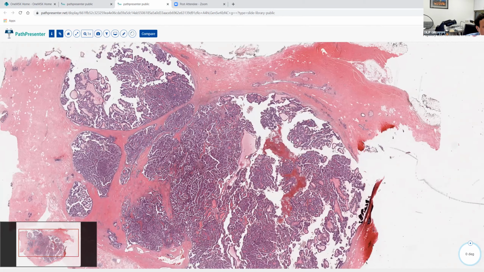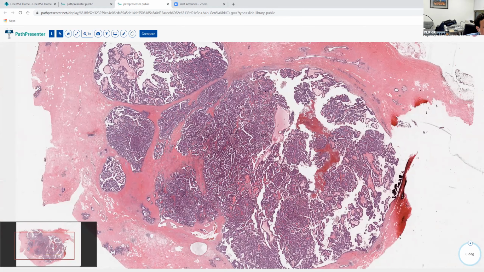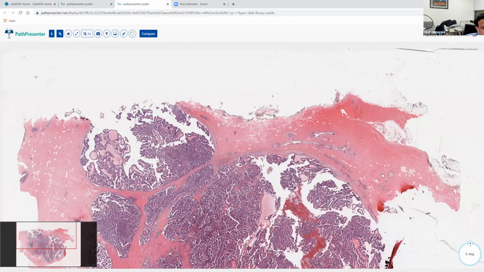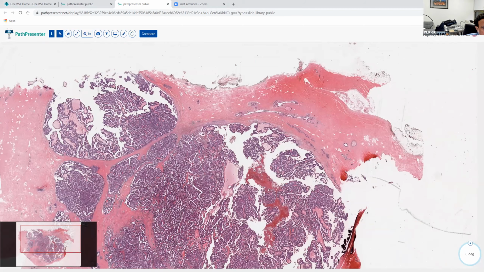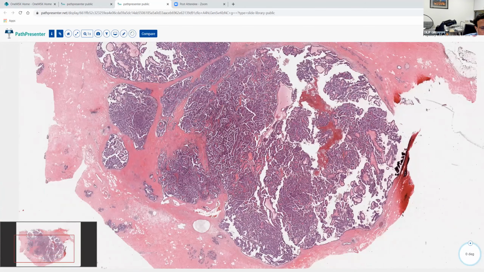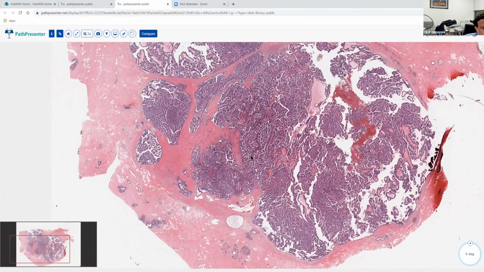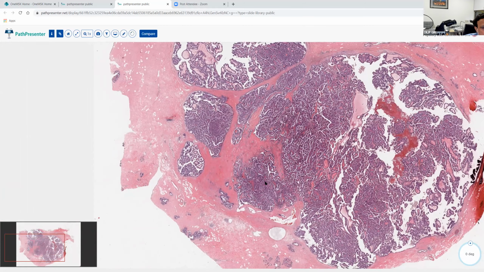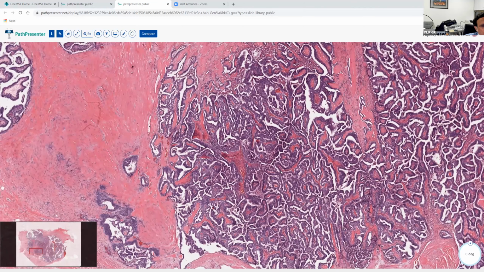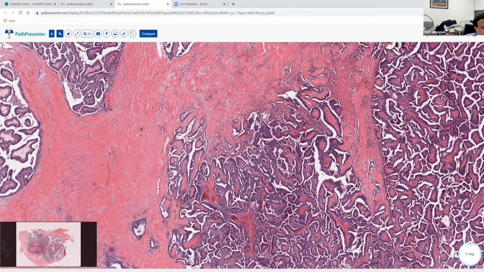Here, for example, a lot of it is very well defined, right? So this is like papillary, or you would think papillary DCIS, right? But then when you go here, now these areas look different, right?